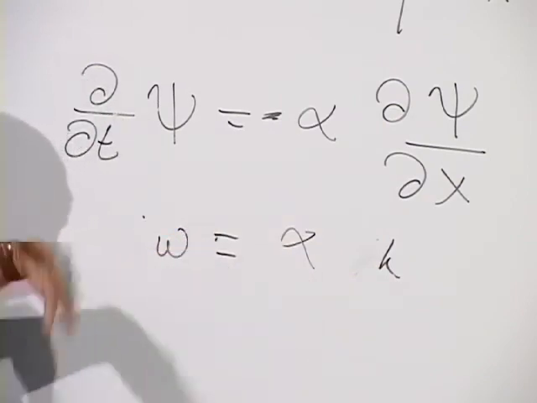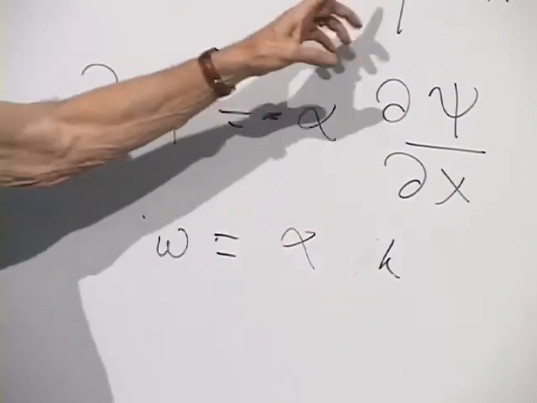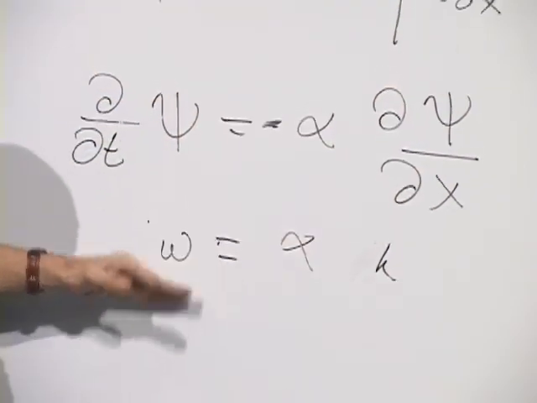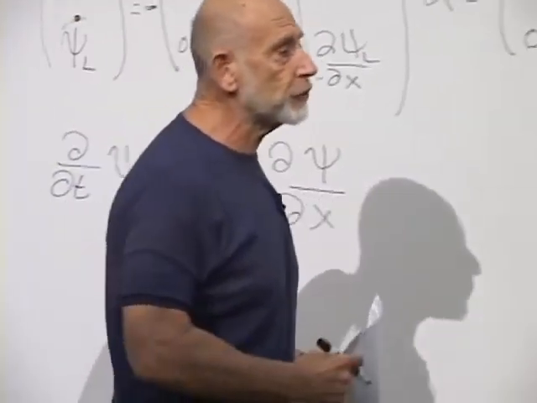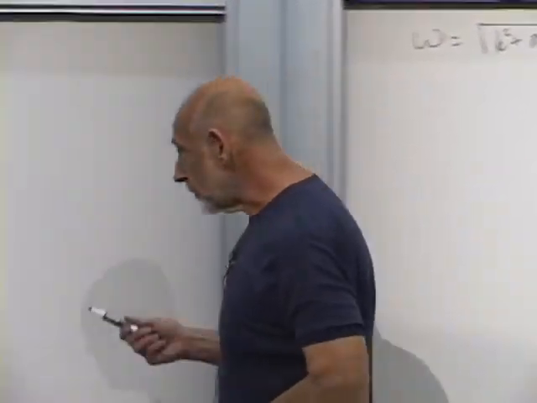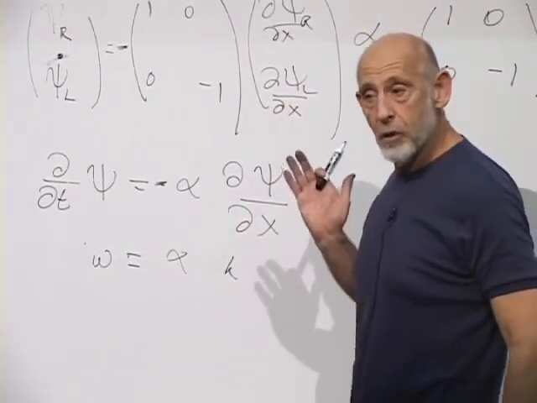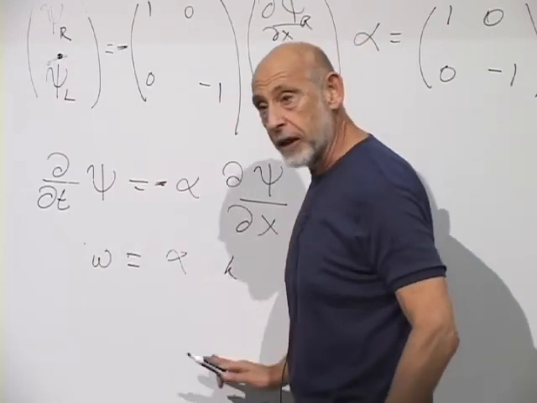That's what this alpha is. It's just an instruction. For the upper components, it's 1. For the lower components, it's -1. So that's a brief shorthand for these two equations, that omega is equal to k for right movers, omega is equal to -k for left movers.